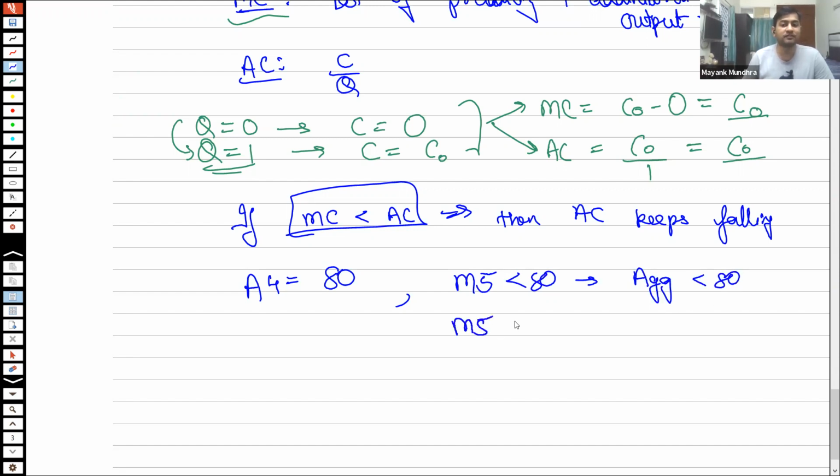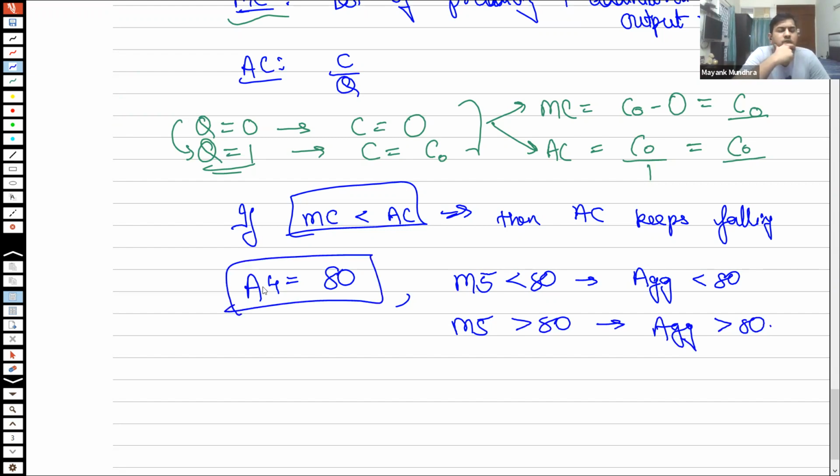And if your marks in the 5th exam are greater than 80, then your aggregate average will be greater than 80. So the thing is that if your average after 4 exams is 80, then your total after 4 exams is 4 into 80, that is 320. Now, if the 5th exam has less than 80, then your average will fall below 80. If the 5th exam's marks are greater than 80, then the total becomes higher than 400 and your average becomes greater than 80.